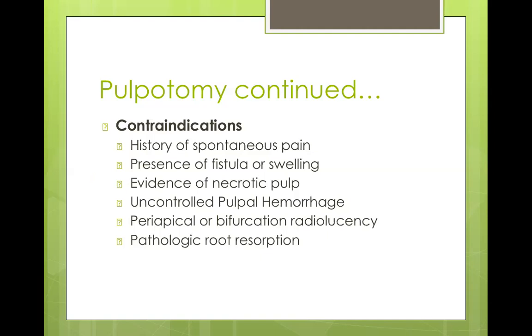The pulp is just gushing blood that is dark red. Most likely the pulp is really inflamed, because if you cannot control bleeding after removal of your coronal pulp before placing your medicament, most likely this tooth should not be getting a pulpotomy.